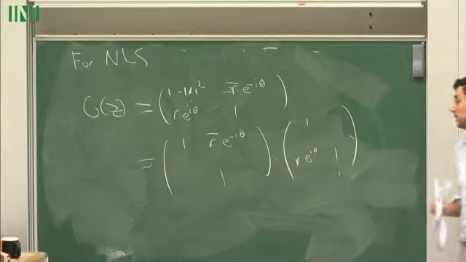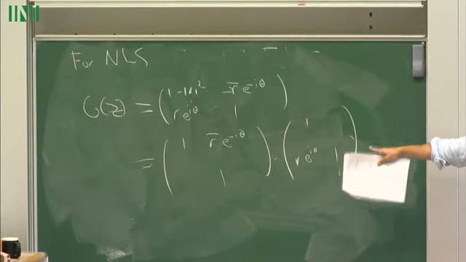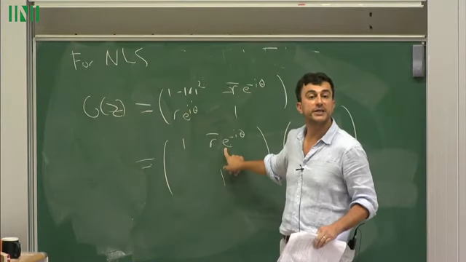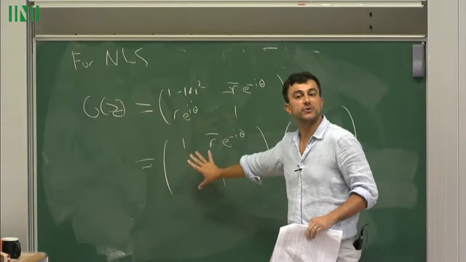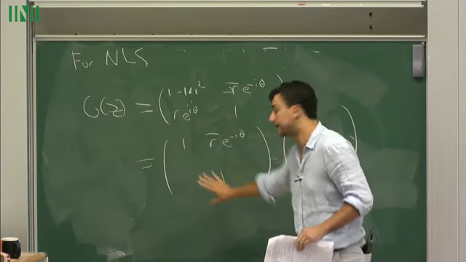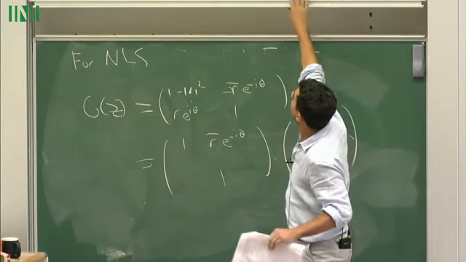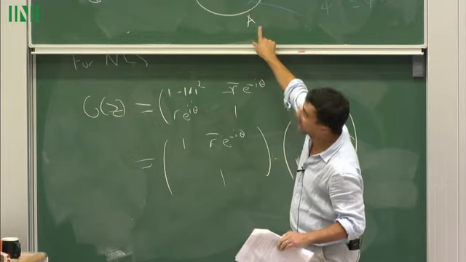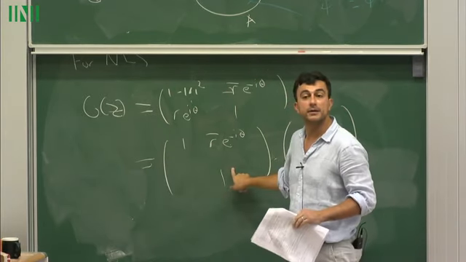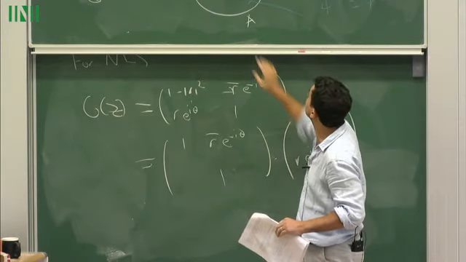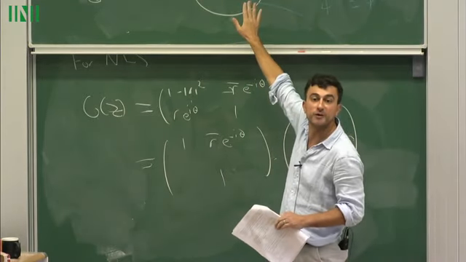Okay? So if you multiply those 2 matrices, you get the original G. But it's done the effect of putting the minus sign. This matrix only depends on e to the minus I theta. This only depends on e to the plus I theta. So therefore, if in this case B is just identity, if this decays in the lower half plane, we're in good shape. If that decays in the lower half plane, this one decays in the upper half plane.